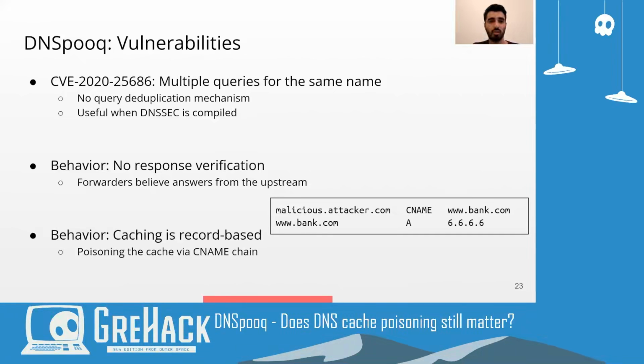In terms of behavior that assists in implementing a successful cache poisoning attack, there is a behavior of DNS forwarders in general that have no response verification. Forwarders simply believe any answer they get from the upstream recursive server, because they think that the recursive DNS server validated the response. Another behavior of DNSmask is that its caching mechanism is record-based instead of answer-based.